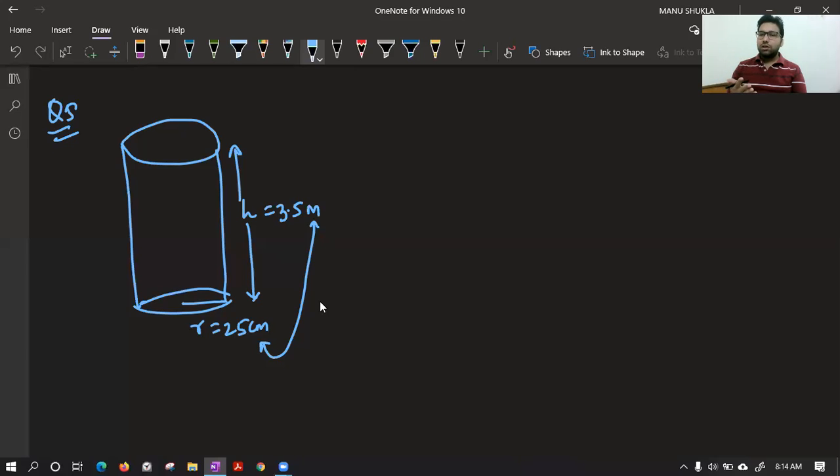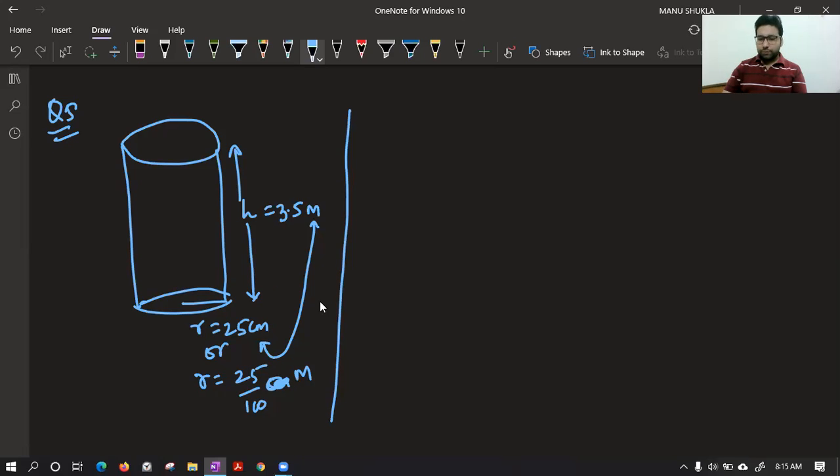So what is beneficial, to convert meters into centimeters or centimeters into meters? Please tell. We will convert this into meter because the final thing asked by them is in meter square only. So we can say r is equal to 25 upon 100 meter. So we have converted it into meter.